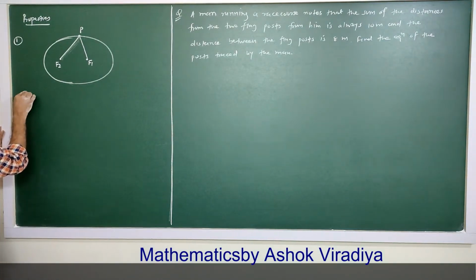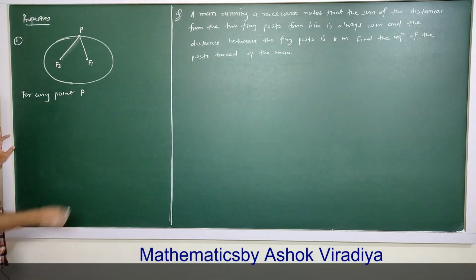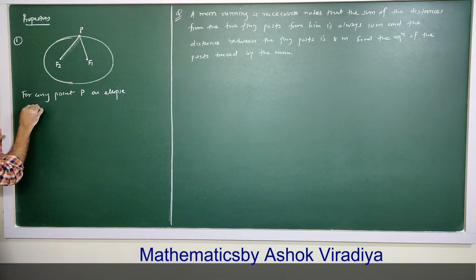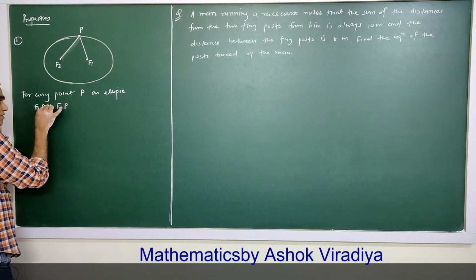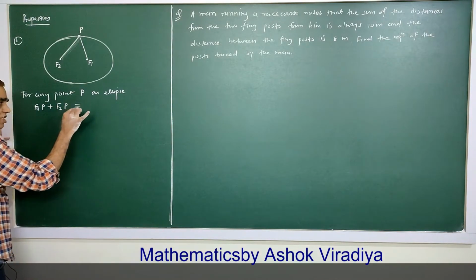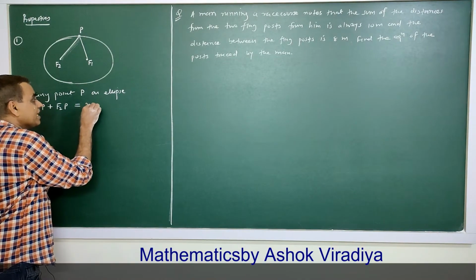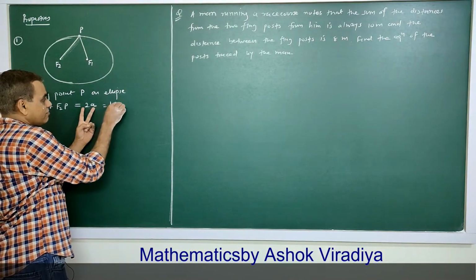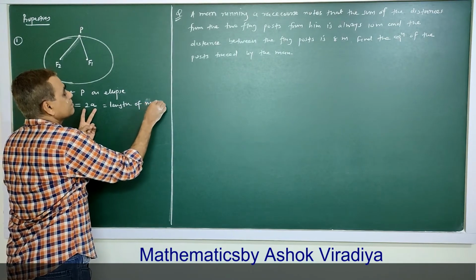The sum of the distances of P from the foci is always constant, and that constant value is 2 times a, the length of the major axis.